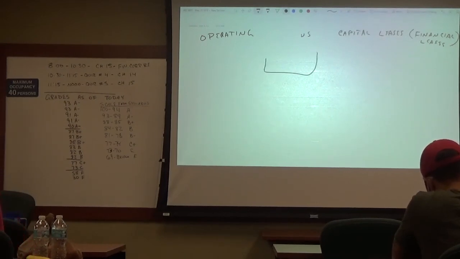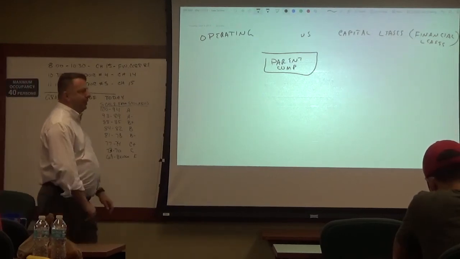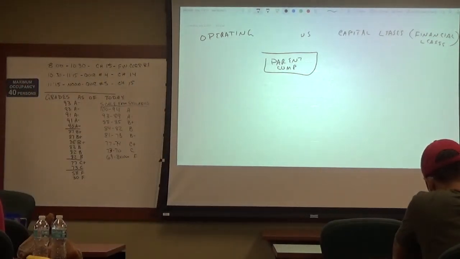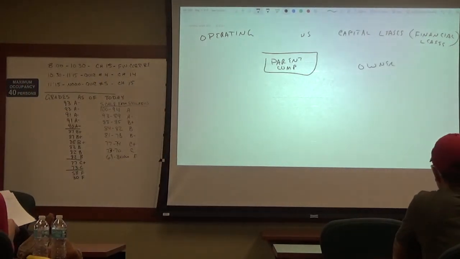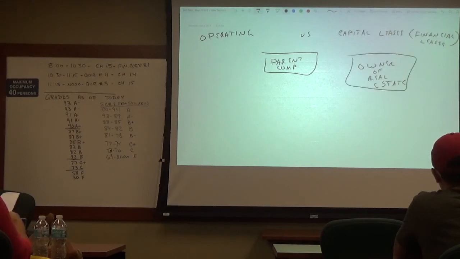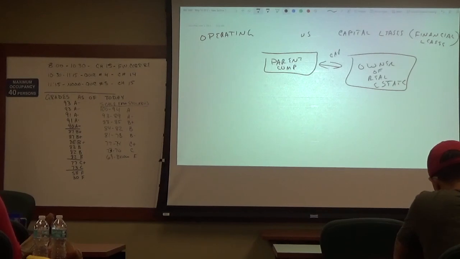Think of it like this. You've got a parent company. That parent company ordinarily could engage directly with the owner of the real estate that they're occupying, and that relationship, for a long-term lease, would ordinarily be a capital lease.